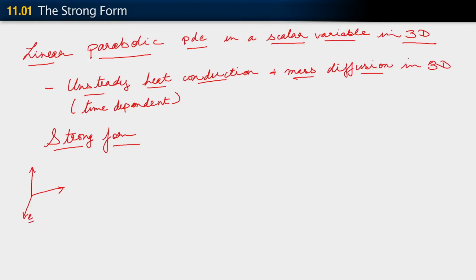These are our basis vectors, E1, E2, E3. All right, our domain is that, right? 3-dimensional, of course. We have 3 basis vectors here.